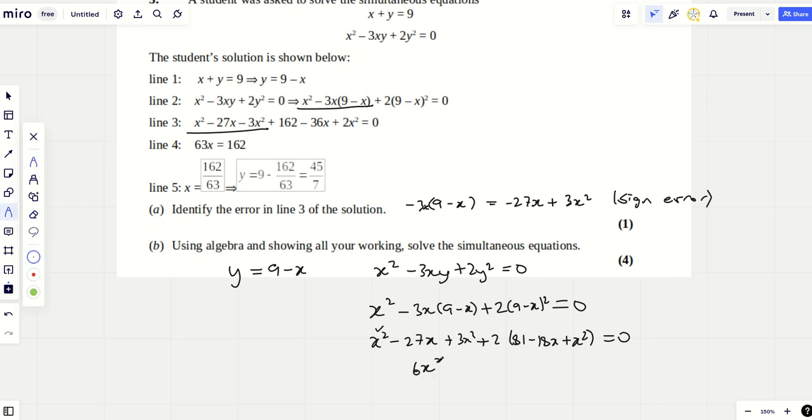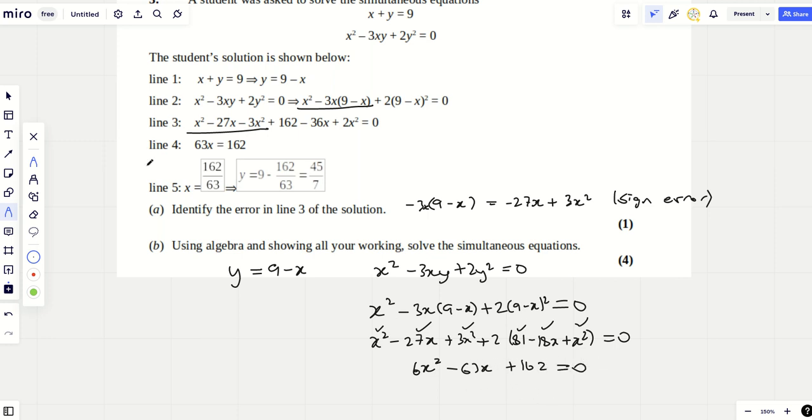I do this little ticking thing when I've dealt with that term. Then I've got minus 27x minus 36x, and I think that comes to minus 63x. So I've dealt with that one. And then I've got plus 162. Check you've dealt with all the terms.